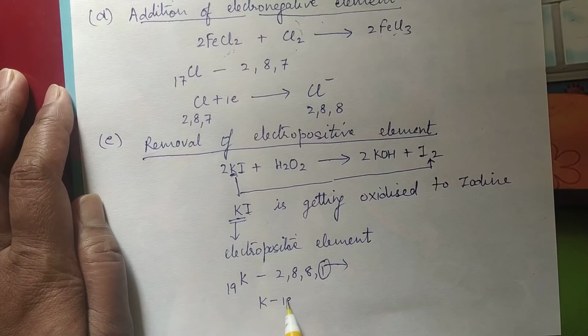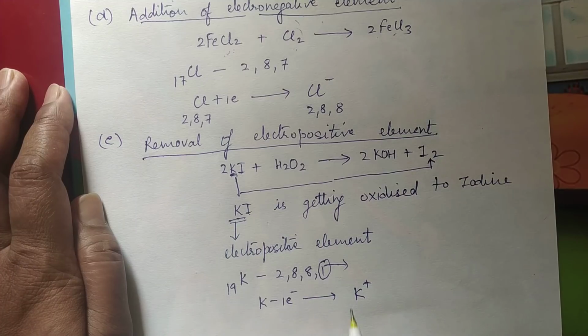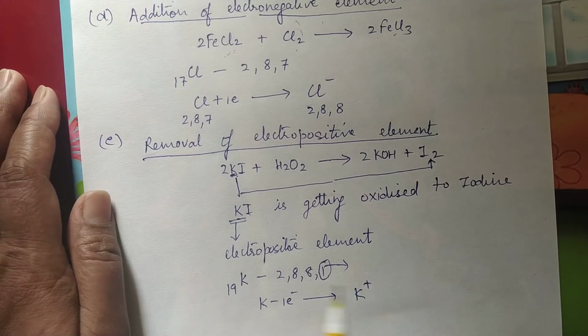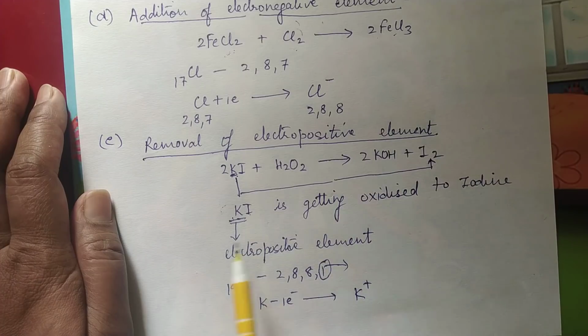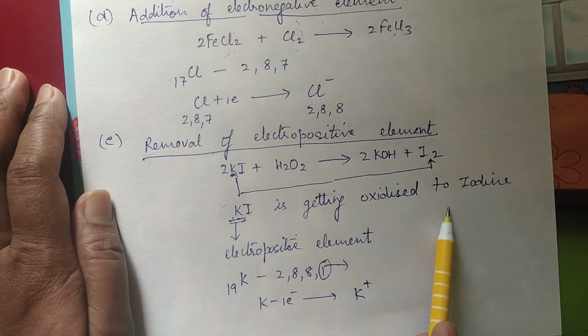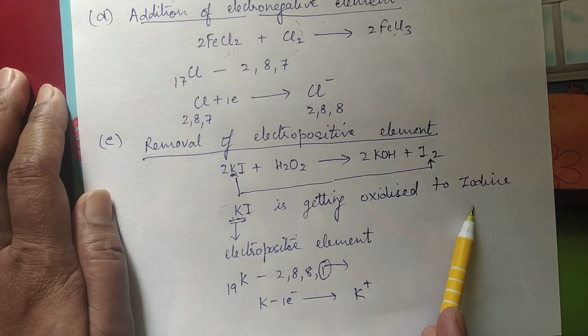After losing one electron, it will gain one positive charge. Such elements which lose electrons and become positively charged are called electropositive elements. So in this reaction, KI is losing its electropositive element and getting converted to iodine. This process is actually an oxidation reaction. Conversion of KI to iodine is oxidation.